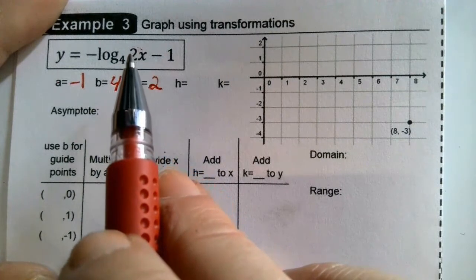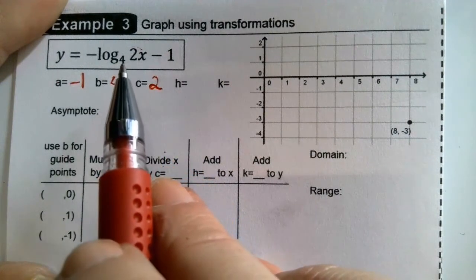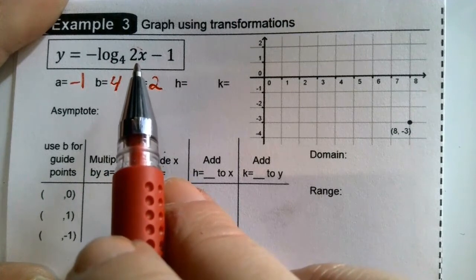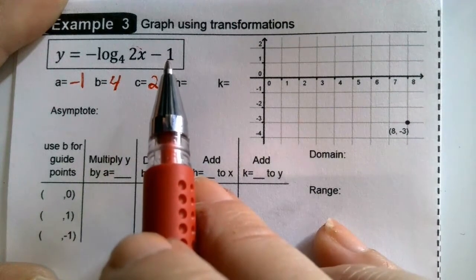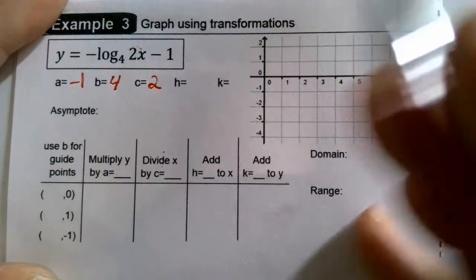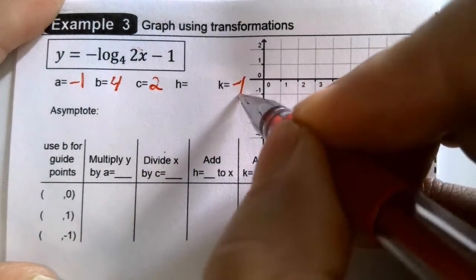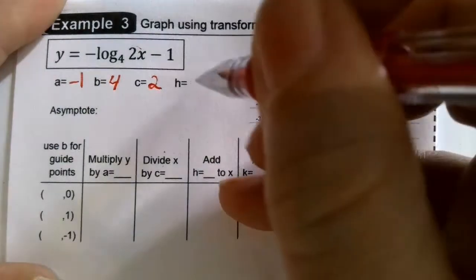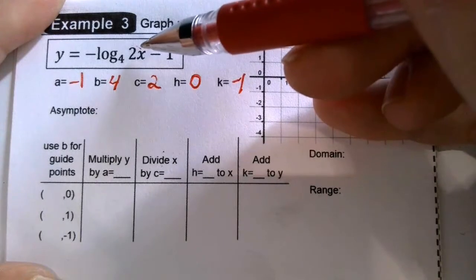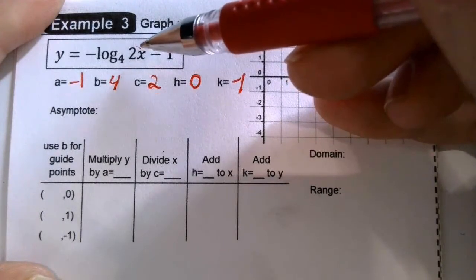Since there are no parentheses here, the argument of this log base 4 function is just the quantity 2x. It does not include the -1, right? That -1 is the constant, so the -1 is the k. Okay, the h is a 0 because there's nothing acting on the x inside of the function.